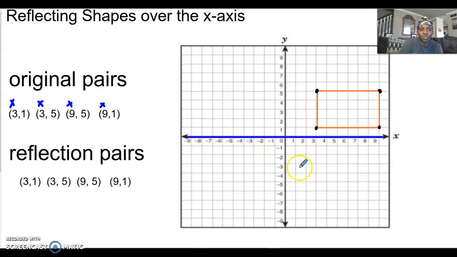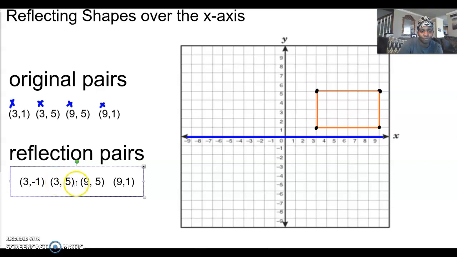Whatever axis we're trying to go over, that is the coordinate that's going to stay the same. Yesterday we went over the y-axis, so that stayed the same. Today we're going to reflect over the x, so those coordinates are going to stay the same. But I'm going to come down here and change all of these y's to a negative, because the location is what's changing.